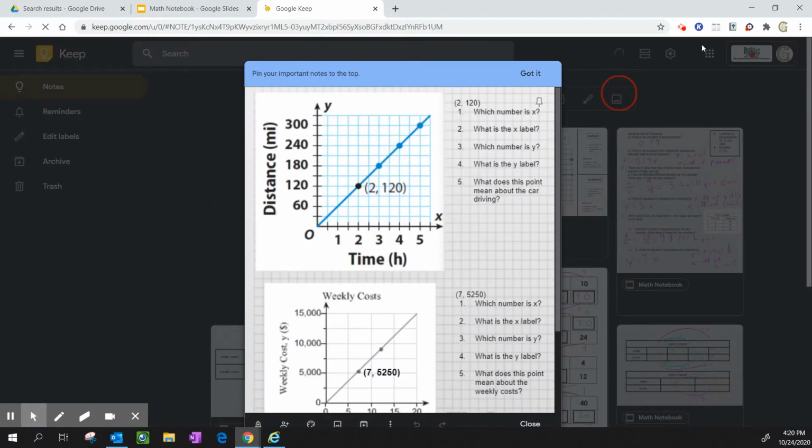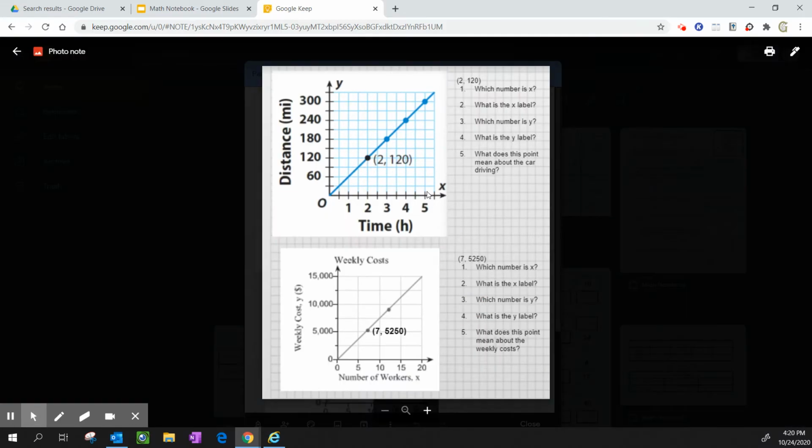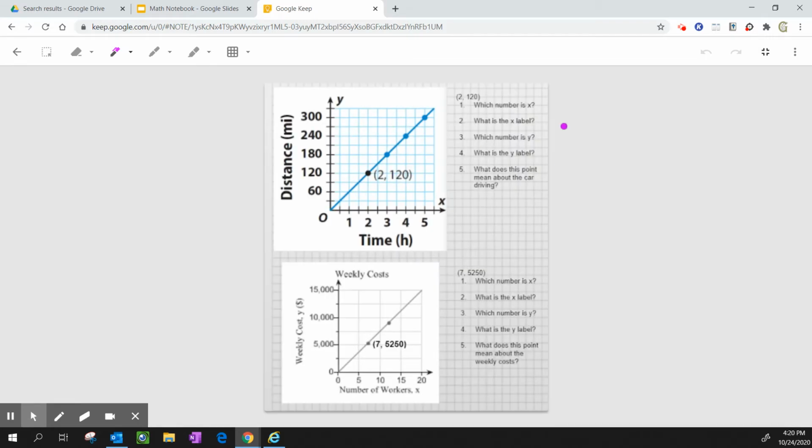We'll click again. Once it loads, sorry. And the pen. And here we go. So let's make my pen a little smaller here.